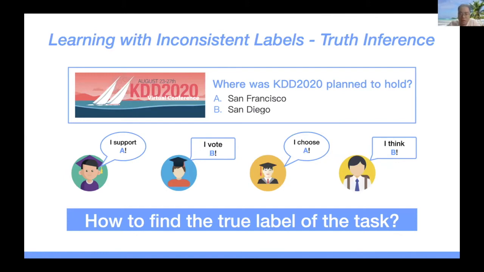If we show this picture to our crowdsourced workers and ask them where KDD2020 was planned to be held, as you can see, they give very conflicting answers, because this question is really hard, given that San Francisco and San Diego are both seaside cities. So how do you really find the true answer? How do we find the true label of the task? This is called truth inference.